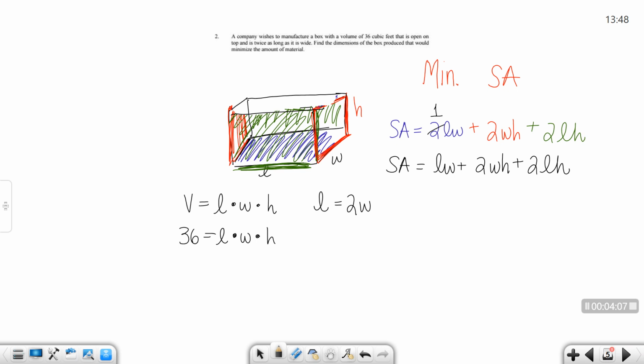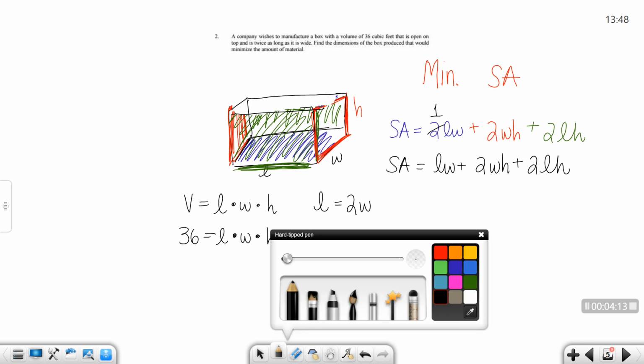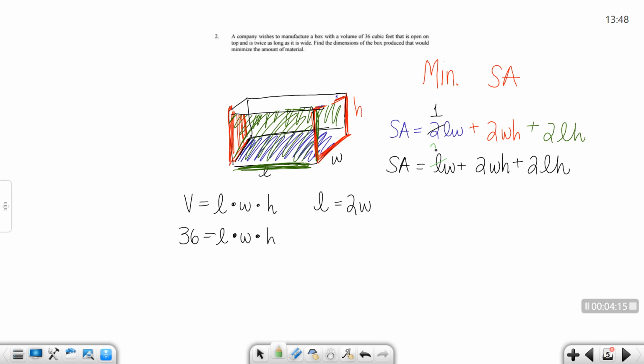Now, so everywhere in the problem that I see an L, I can put a 2W in that place. So that means that this part right here will be 2W, and that this part here will be 2W, because length is 2W. Now, I have to turn the height into W as well. So let's go back over here to my volume. I know that length is 2W.